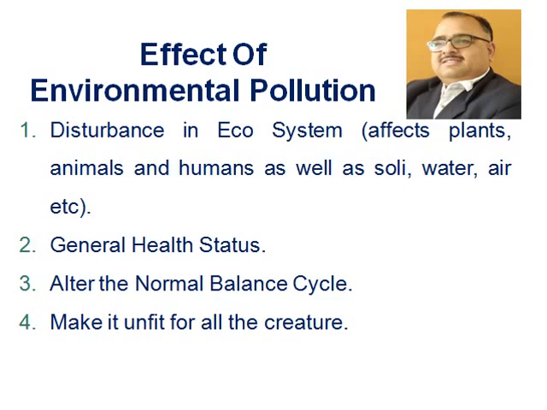This may cause changes in the normal balance cycle which is developed with the ecosystem. There may be change in the water cycle, the oxygen cycle, and the carbon cycle also. So due to the impact of environmental pollution, there is a change in the normal balance cycle.